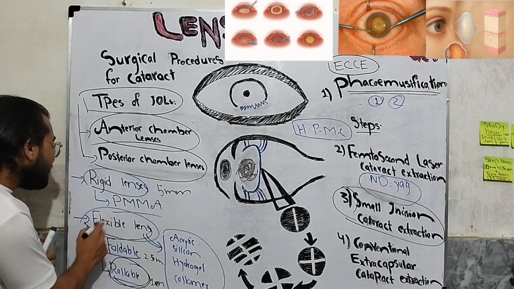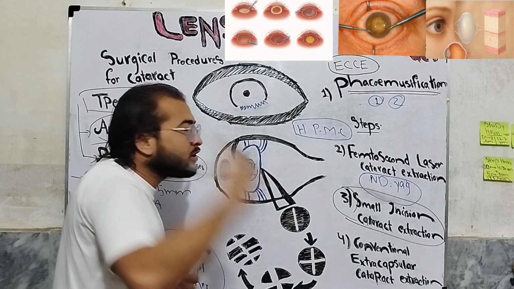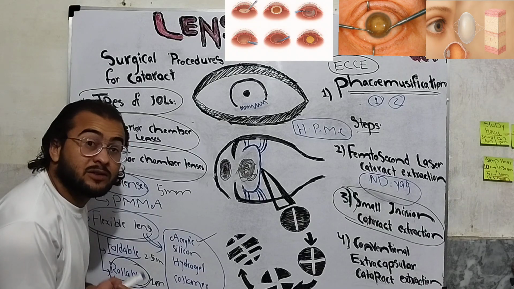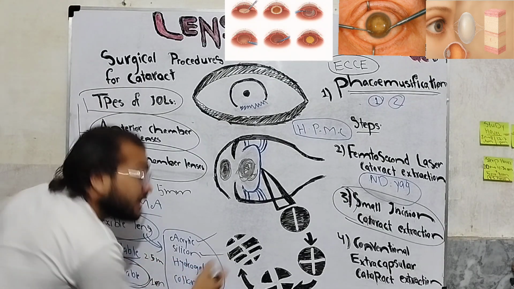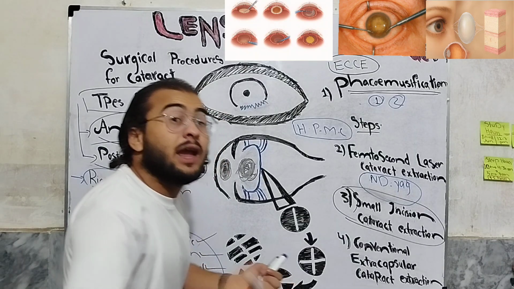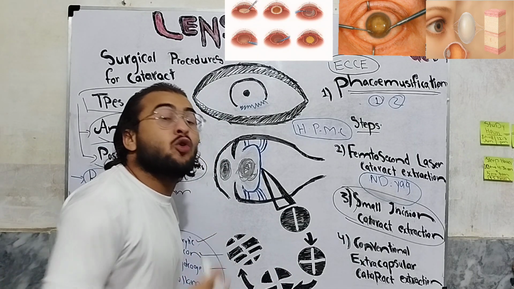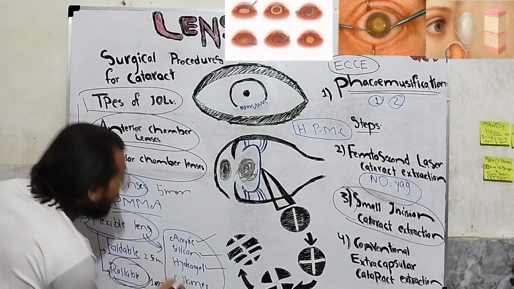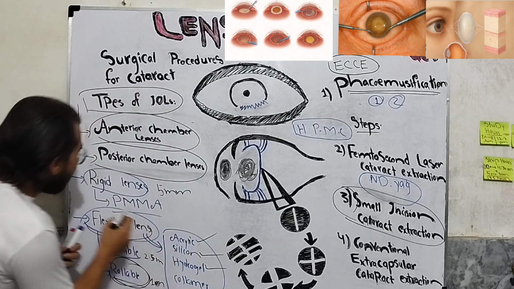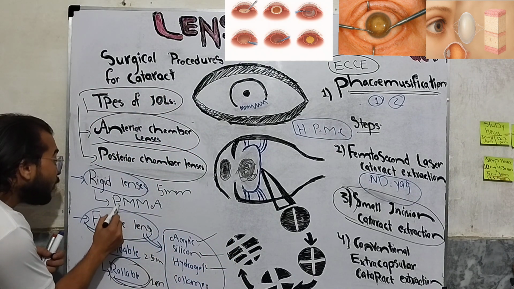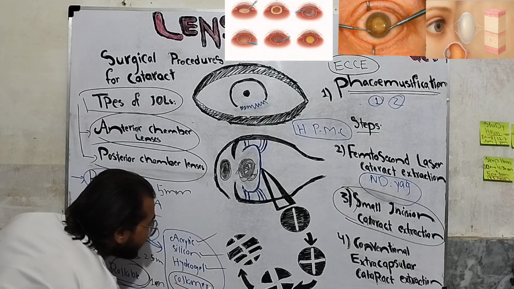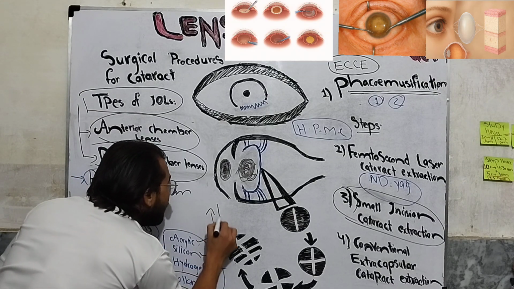These flexible lenses are made of several substances. For example, they can be acrylic intraocular lenses, silicone intraocular lenses, or hydrogel intraocular lenses, and we can also make them from collagen polymer, which is polyhydroxyethyl methacrylate, as the rigid lenses are made from polymethyl methacrylate.